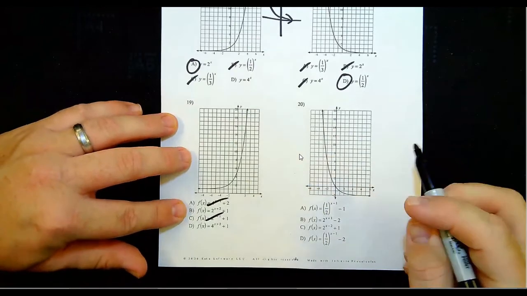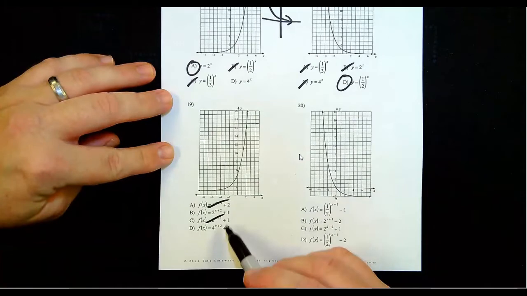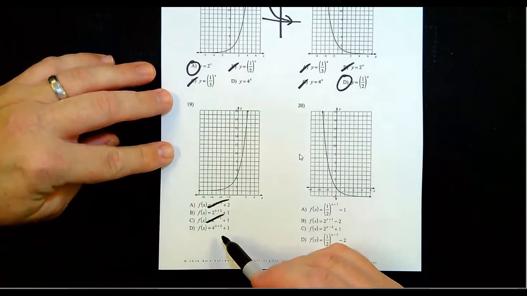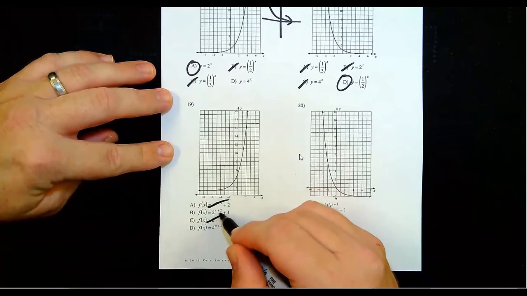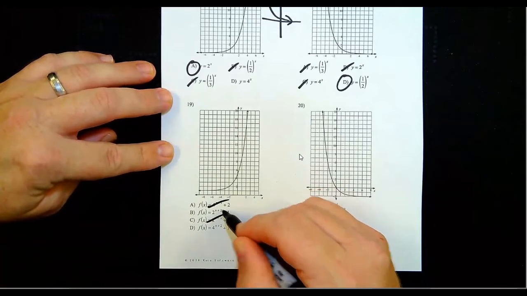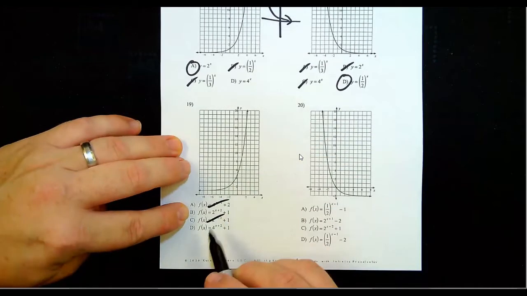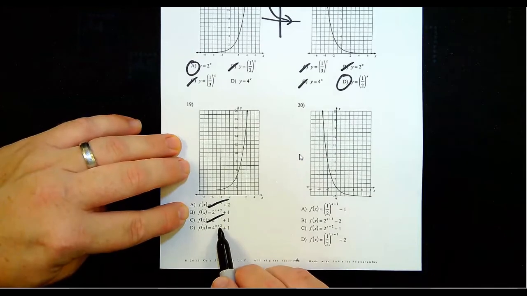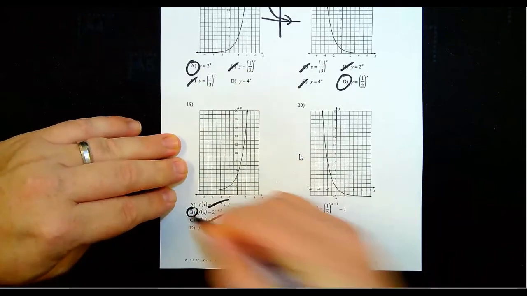I'm down to a 50-50 at this point. And the easiest thing to do is just to plug in a point again. So I'll plug in -1. -1 plus 2 is 1. 2 to the first is 2 plus 1 is 3. So -1, 3. Yeah, that works. -1 plus 2 is 1, 4, 5. That should be up at 5. It's not. That one.